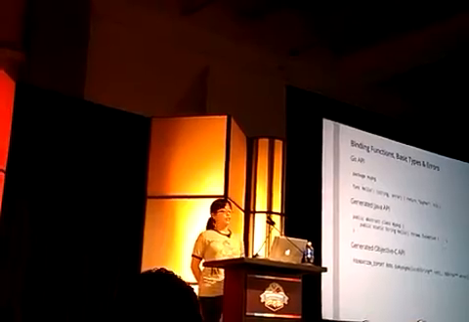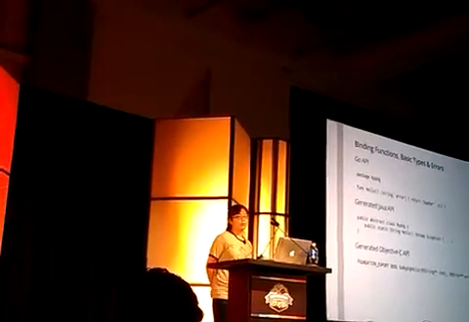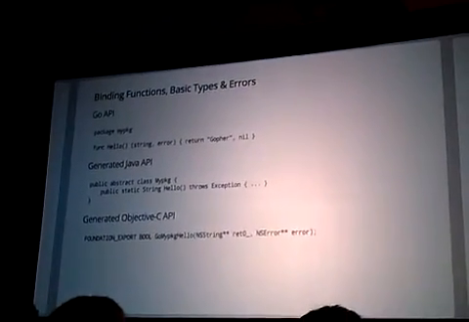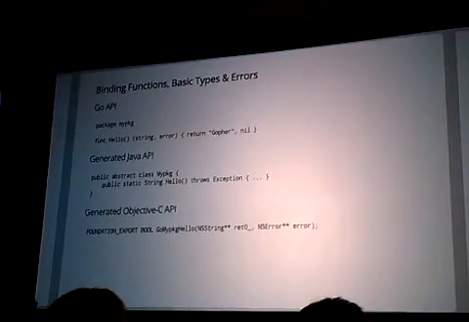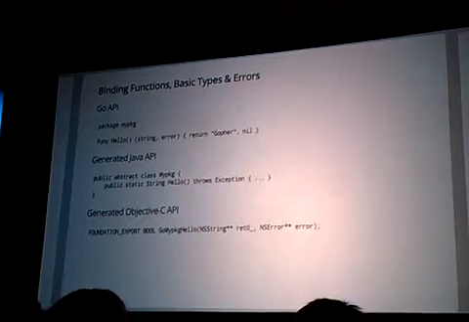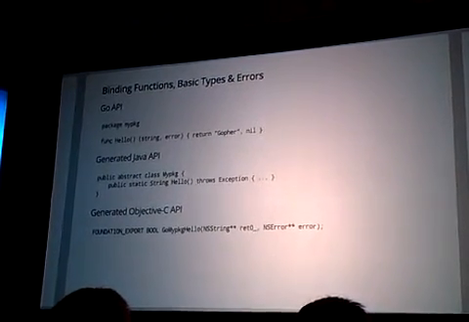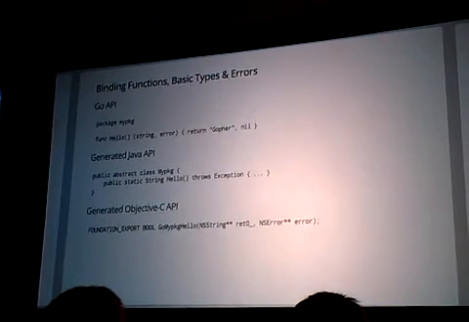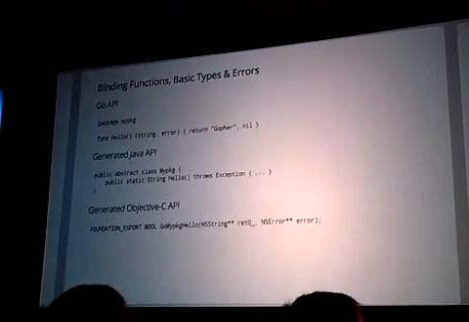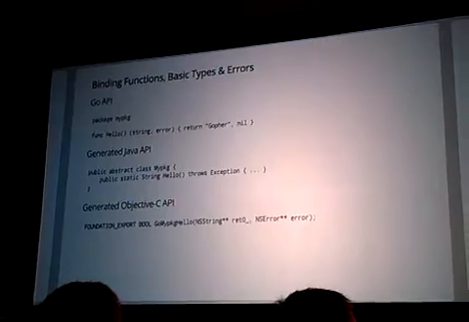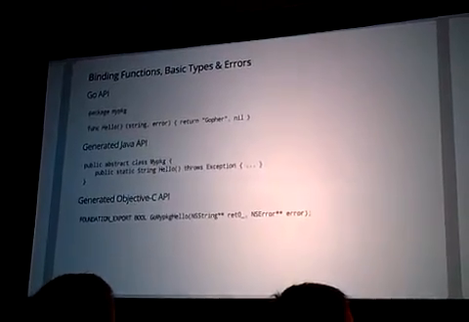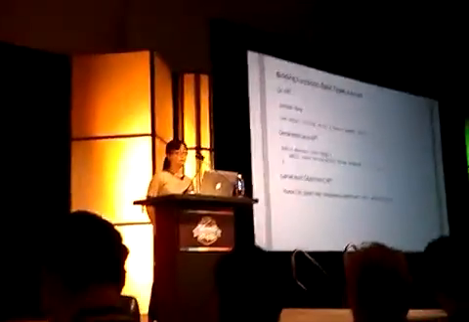And we can also create the Objective-C API binding. Objective-C doesn't have the concept of a namespace or module, so we had to come up with some prefix based on the package name. So here goes my package prefix. And also we try to follow the target language's convention as much as possible.